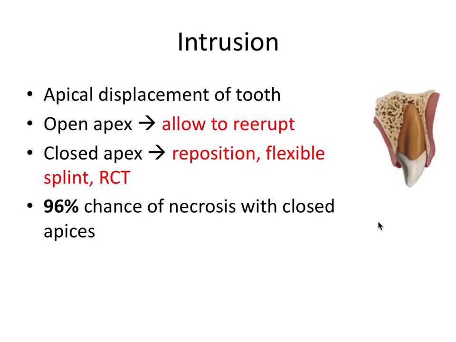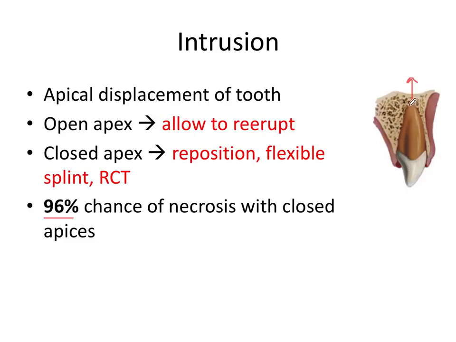Alright, next we have intrusion. And this is apical displacement of the tooth. So this tooth is displaced in this direction. And I'm going to jump ahead. There's a 96% chance of necrosis with closed apices. That's really, really bad.